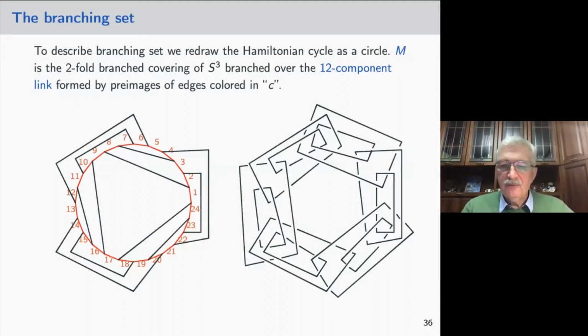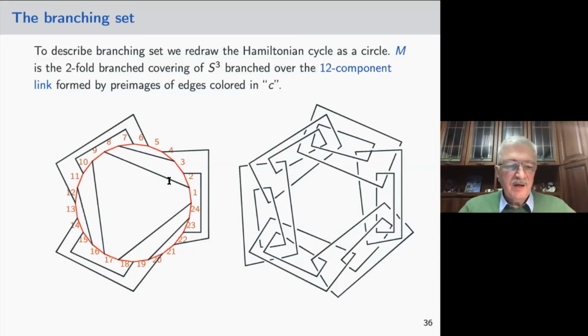Our manifold is a two-fold branched covering of the sphere, and the branching set is exactly this 12-component link. And this link is formed by edges which didn't belong to the Hamiltonian cycle. So you can use knot theory or link theory to investigate these manifolds too.